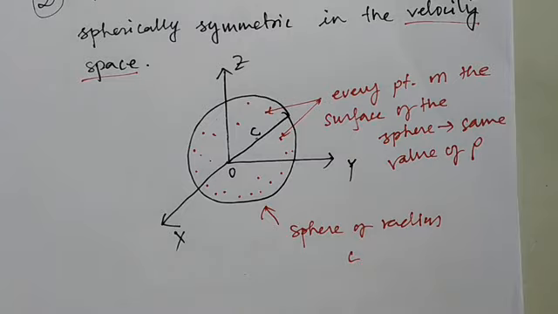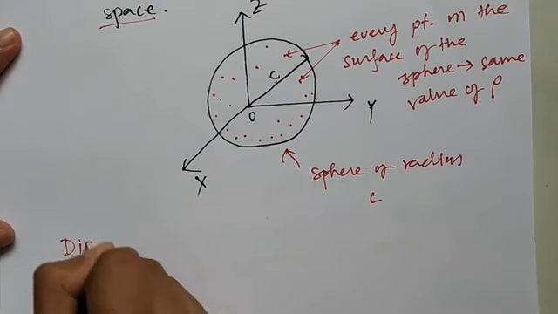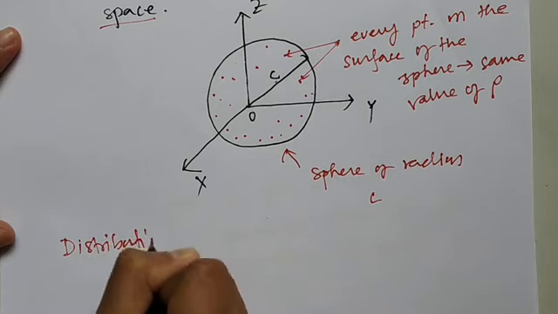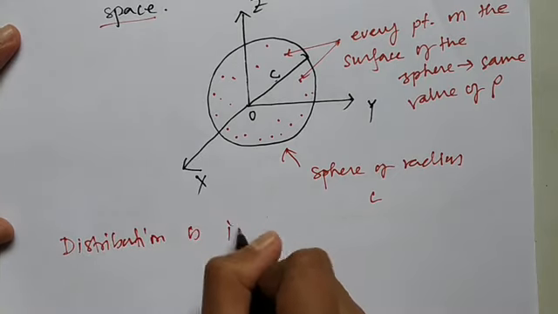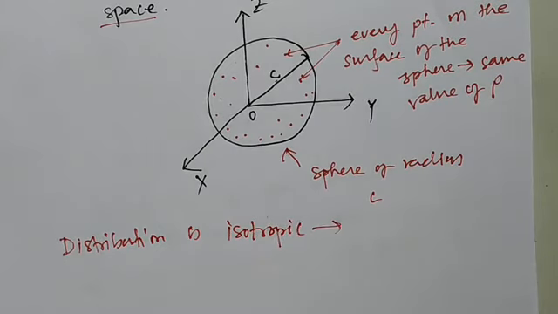So it leads to another conclusion, that the distribution is isotropic. Now, the distribution is isotropic, what does it mean?